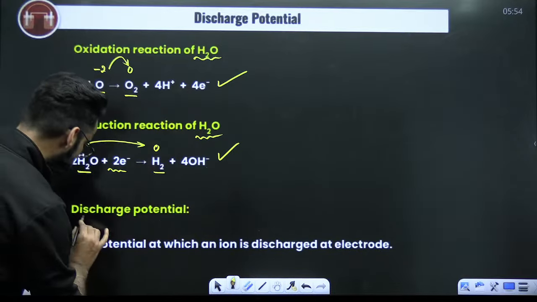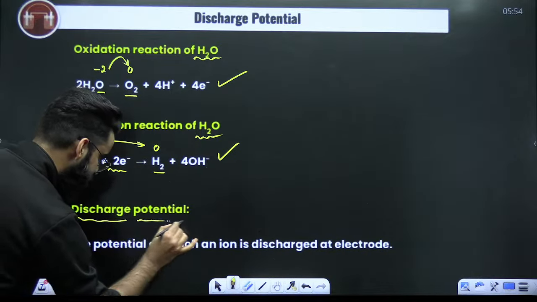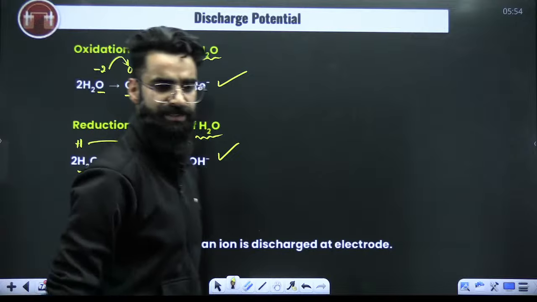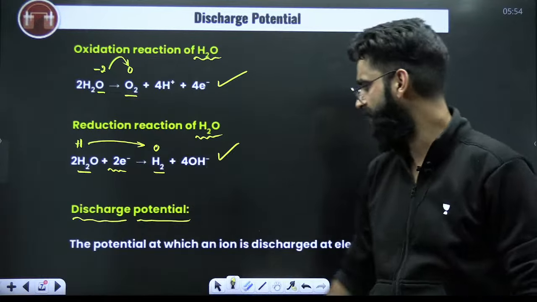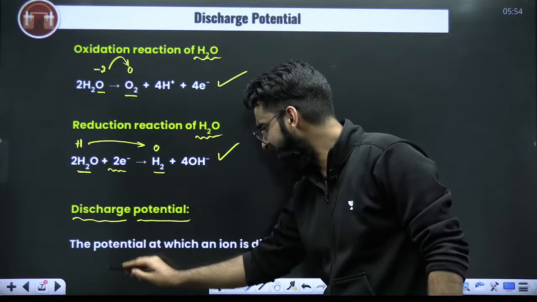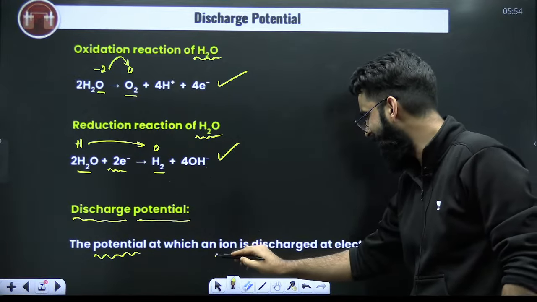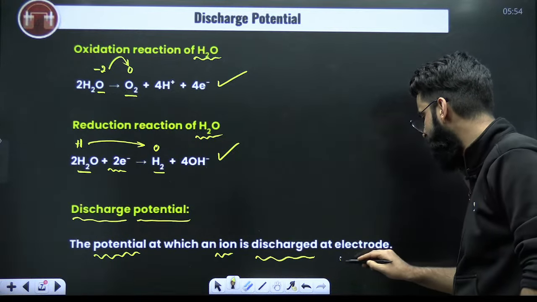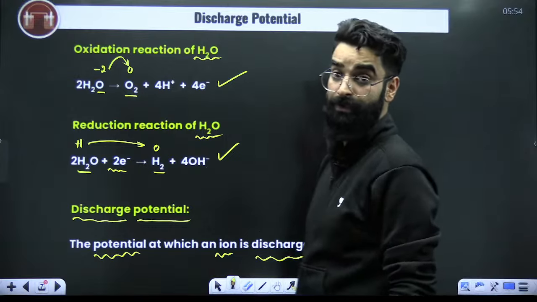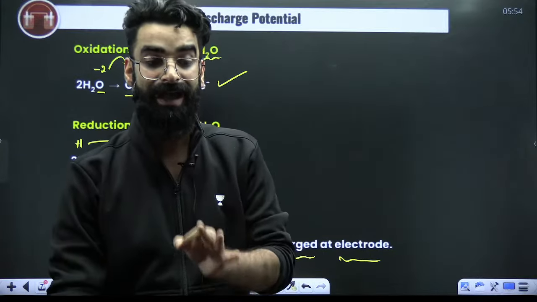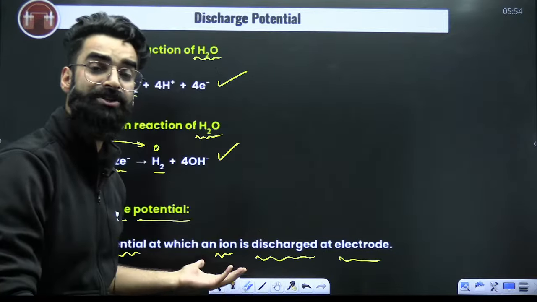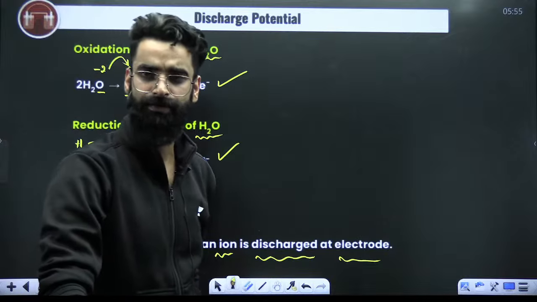Now, there is a term that's called discharge potential. How do you exactly define the discharge potential? It is defined as the potential at which an ion is discharged at the electrode.